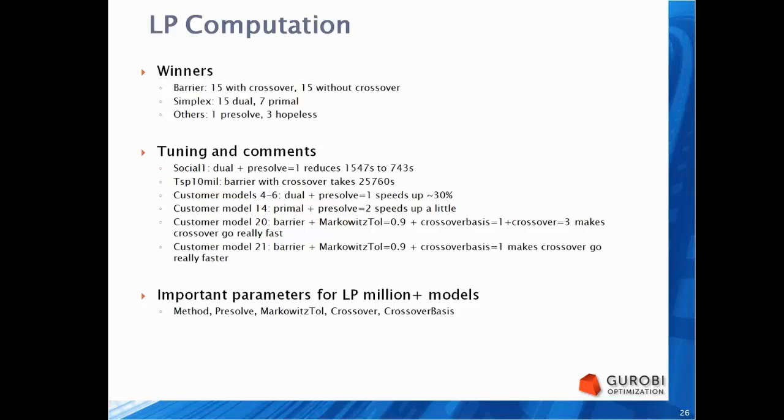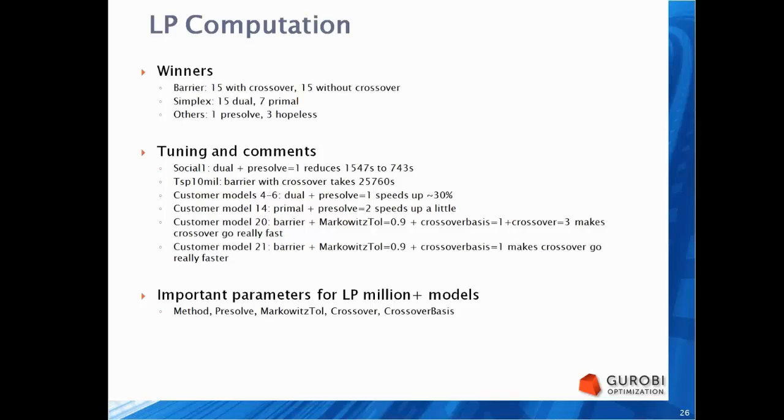For the tuning and the commands, for the social one, as I showed you, if you use dual and reduce presolve, you are able to speed up by more than 2x. For TSP with 10 million cities, I let the crossover finish. Crossover takes more than 5 times the barrier time.